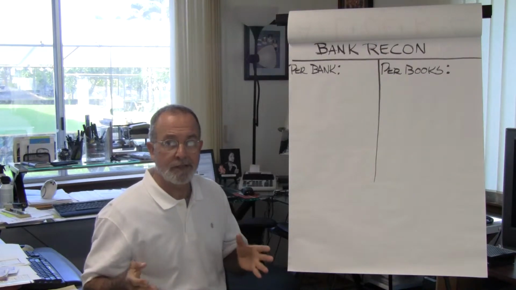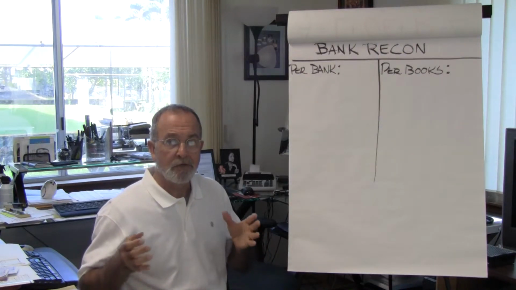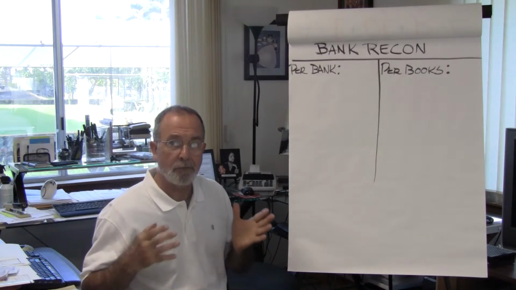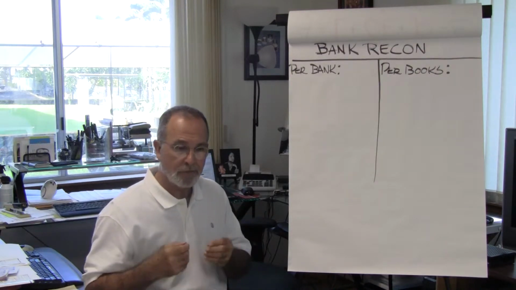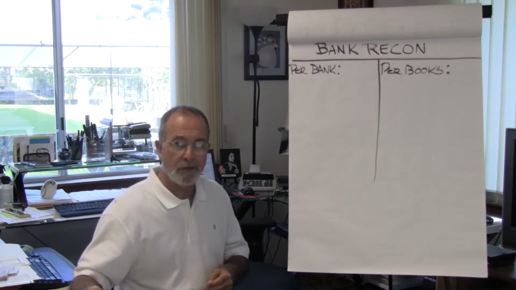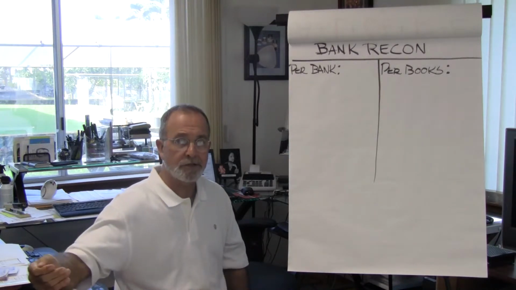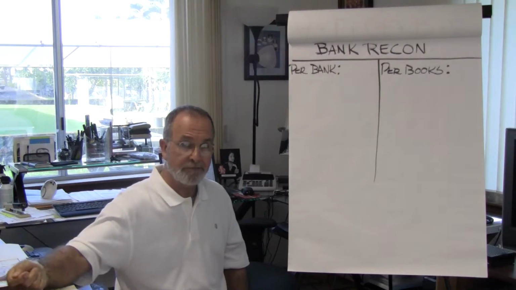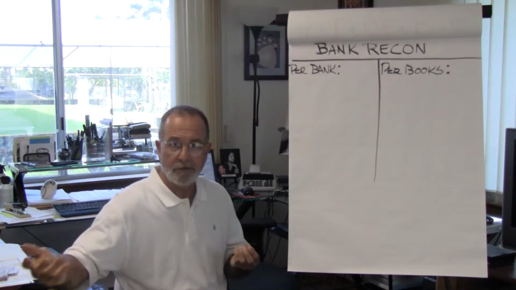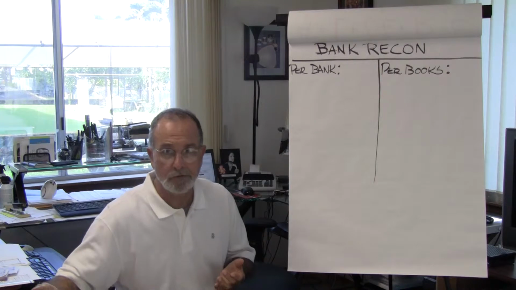Checks often take some time for clearing our bank. In other words, we're going to write a check, send it to our vendor as a payment. The vendor is going to have to receive that check. It may take a few days or longer.